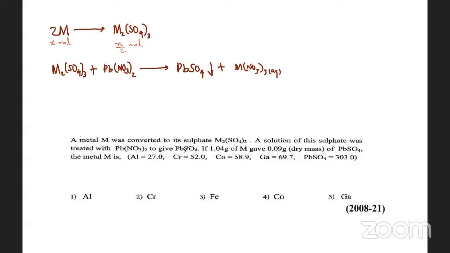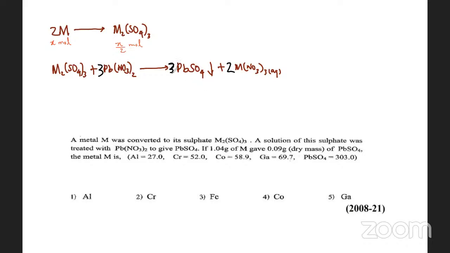Right, is the reaction balanced or not? Not balanced yet. What should I do to balance the reaction? For 2M, I can put a 2 here, and 3 sulfate, so I can put a 3. If I put a 3, it will be alright. Yeah, a 3 and a 2 here, and a 3, sorry. We have to balance the reaction.